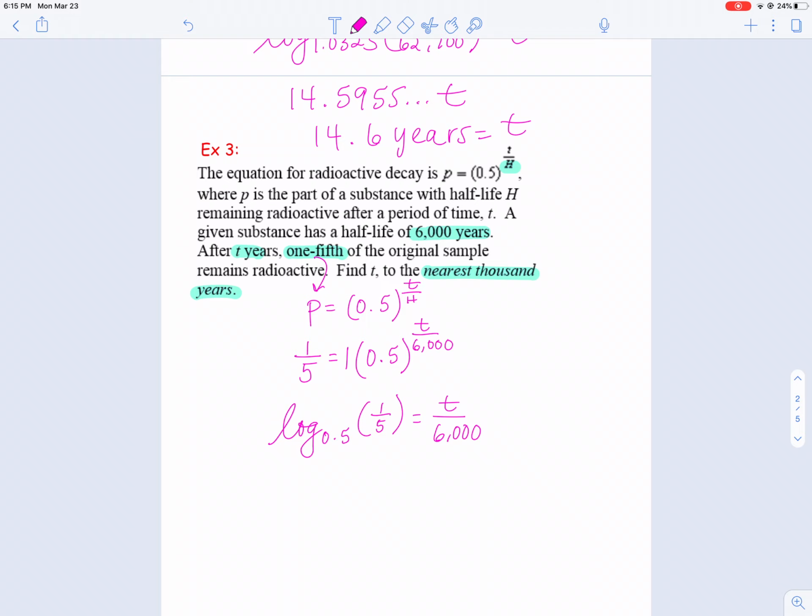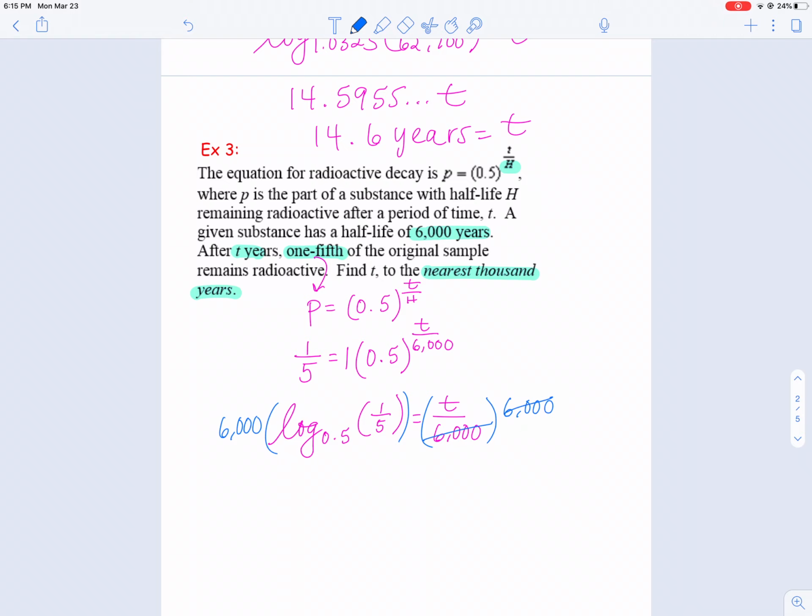Okay, so I just wrote that using logs. I didn't need to divide by 1. I would still get that same 1/5. Now here you have this 6,000. So we are just going to show that we're going to multiply both sides by that 6,000.